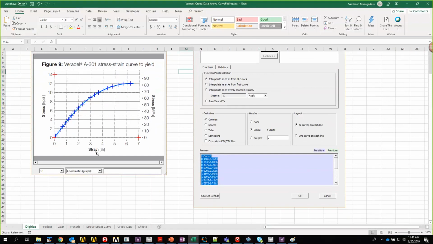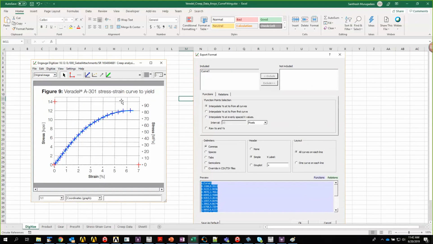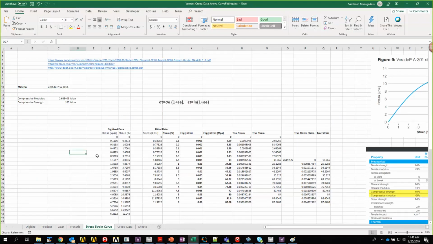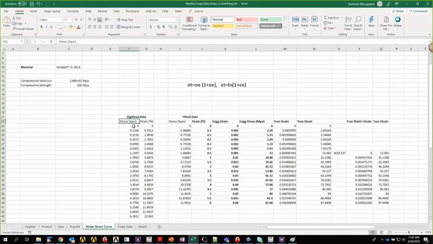So basically what it gives is the percentage of strain and the stress. I assume this is engineering strain and engineering stress. So this is the digitized data. The stress is in KPSI, kilo PSI, and the strain is in percentage.